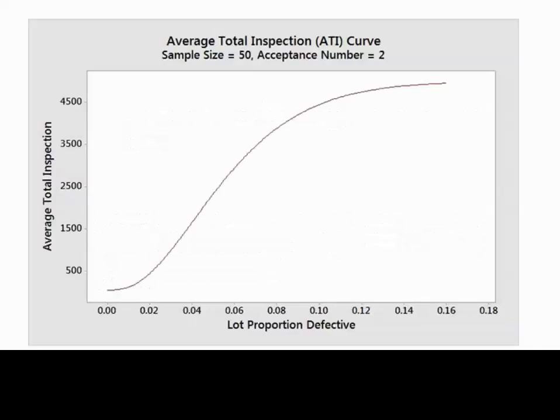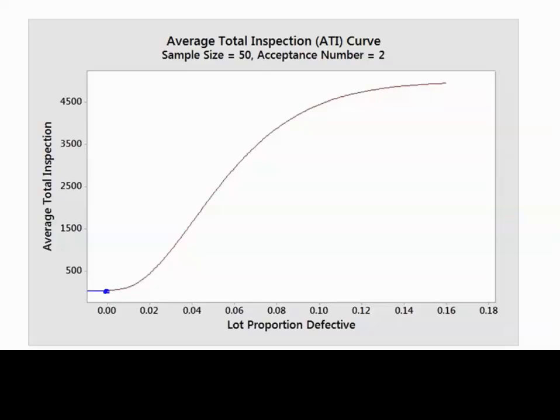And then you could look at that, just like we did before, you could vary the actual proportion defective and see how the inspection cost varies depending on that average total inspection. So again, for lots that are perfect, if there are no defects in this process, our average inspection is going to be at 50, which is where this starts, just our sample size.